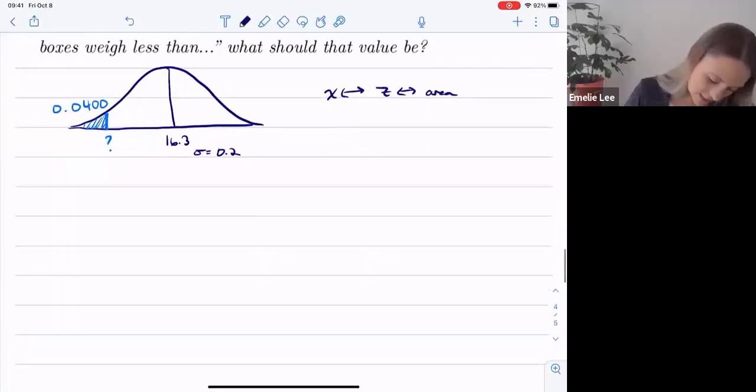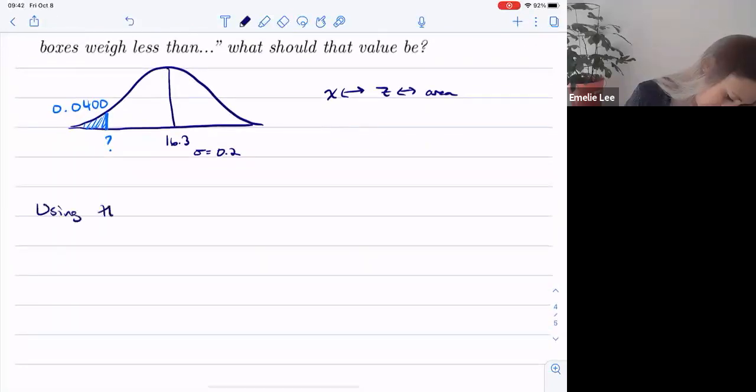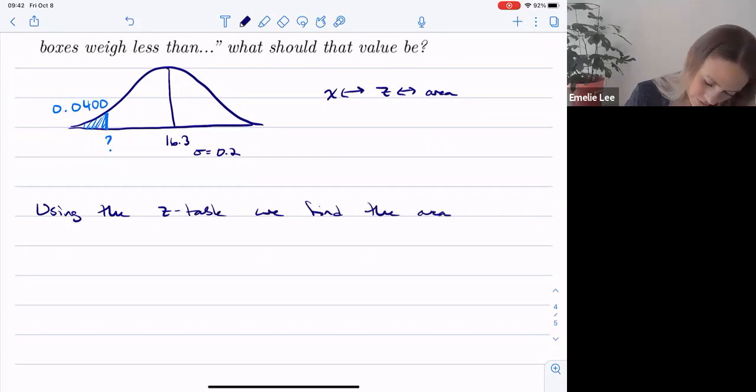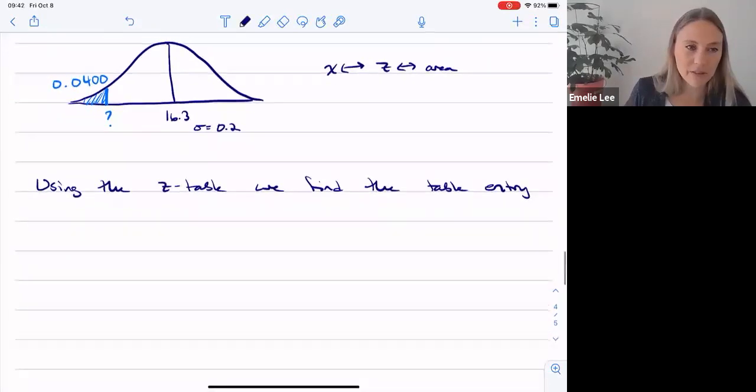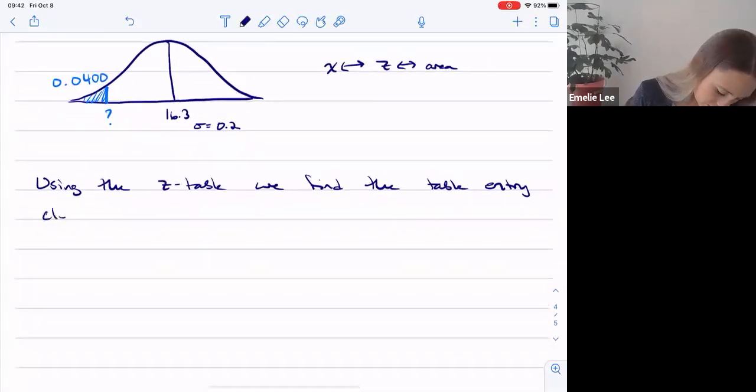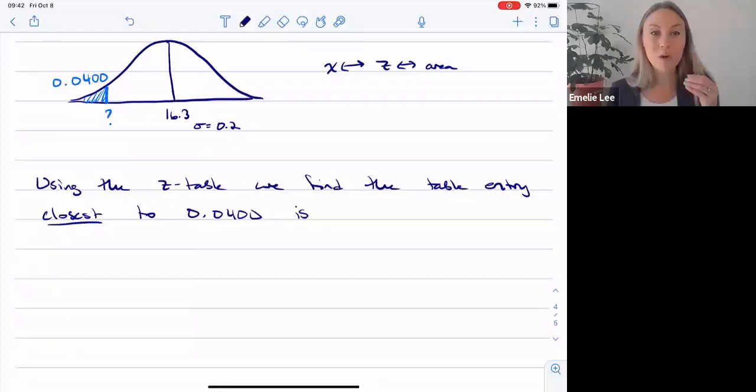So using the Z table, we find the table entry, just to match the little help note that they have on there, closest to 0.0400. Sometimes we are able to find the exact value, but sometimes you just have to find the closest one.